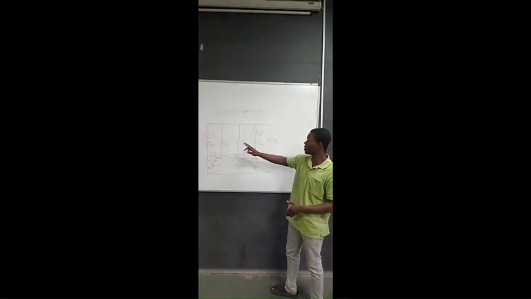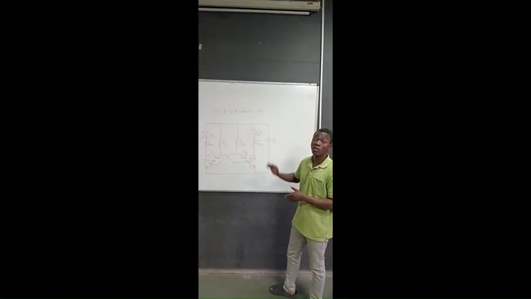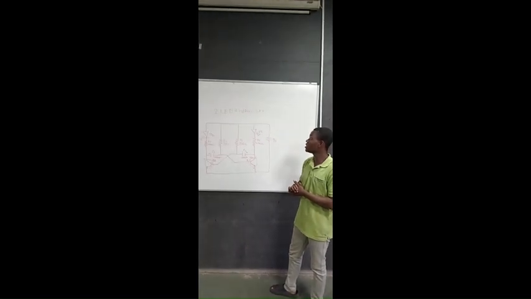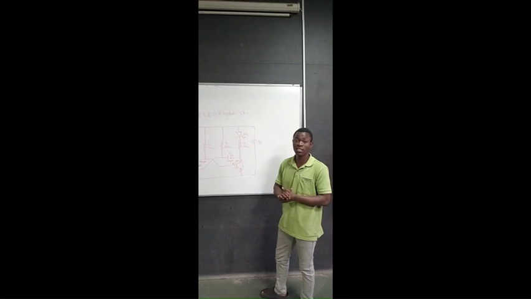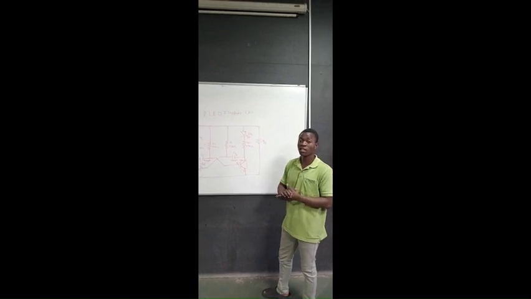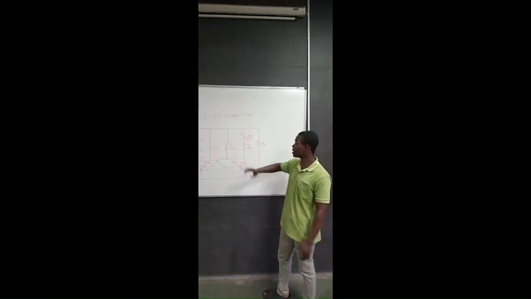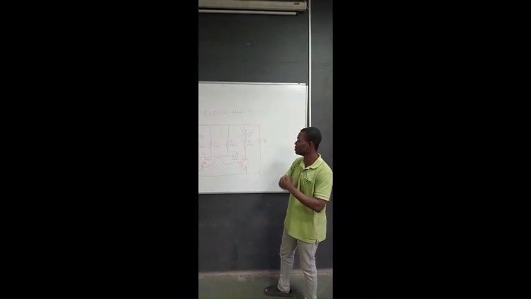Without R1 and R4, our diodes could receive too much current, which can cause them to overheat and suddenly burn out. So resistors R4 and R1 are very important.